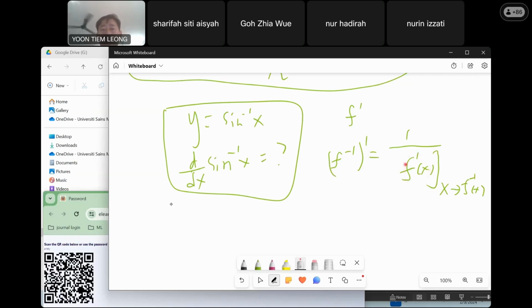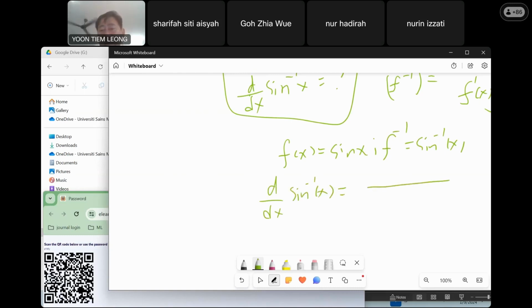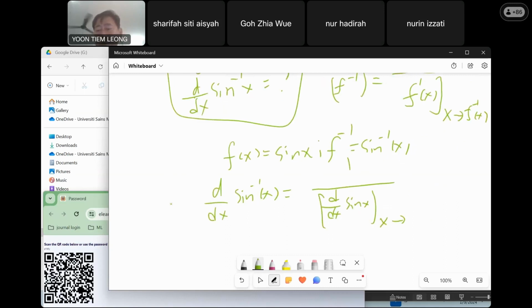So let's see how we do that. Here we would say the function f(x) is the sine function, then the arcsine is the inverse function. So the derivative of the arcsine is just 1 over the derivative of the sine function, where you replace the argument in the derivative of the sine function by the expression of the arcsine.